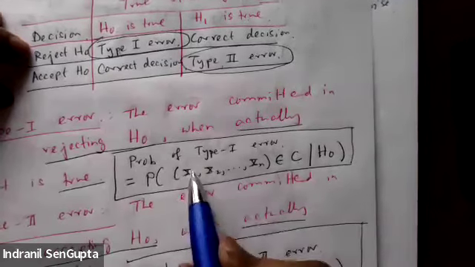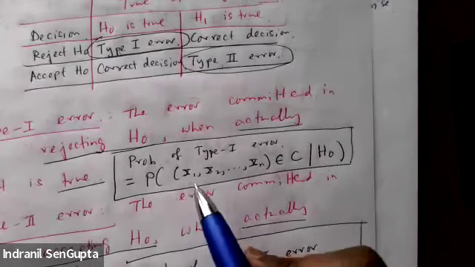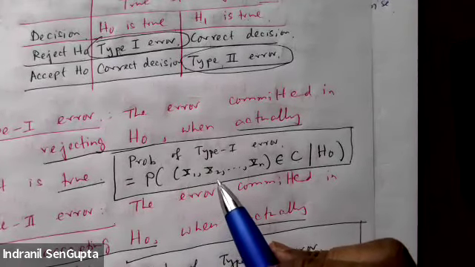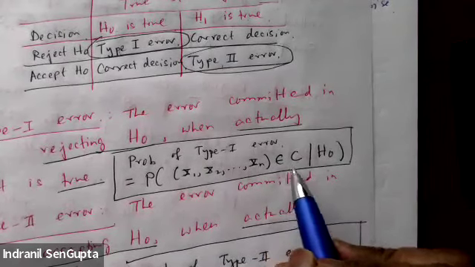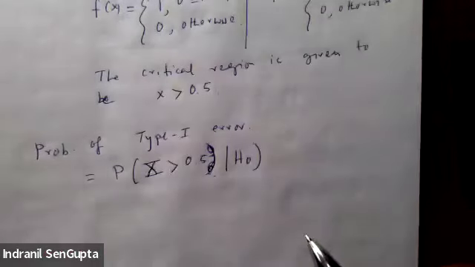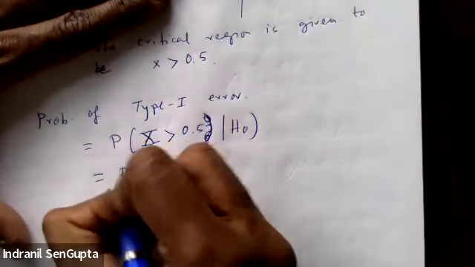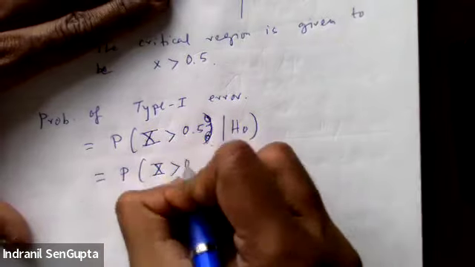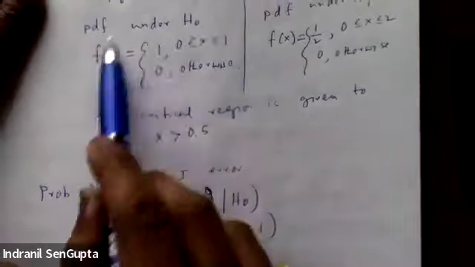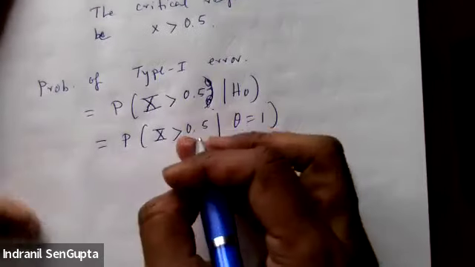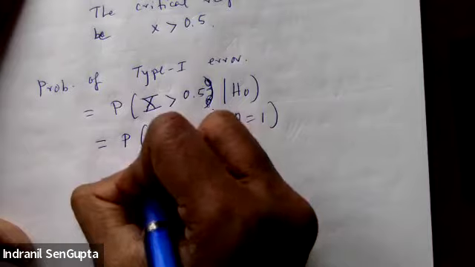This is for the sample, but I'm concluding based on a single sample, right? So x should be more than 0.5 given H0. In other words, this is x more than 0.5 with respect to theta equals 1. That means I have this entire probability density function, so I can integrate.